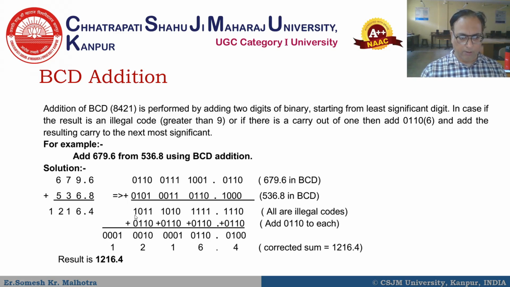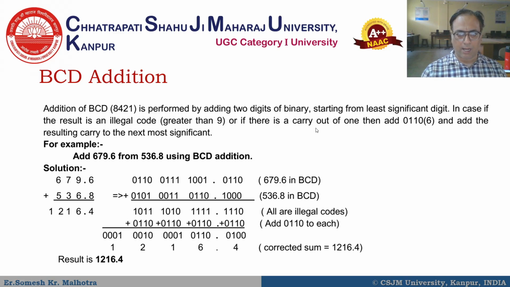Now we find that each and every BCD code is illegal because they are more than 9. 9 is nothing but 1001, and each and every code is more than 1001.